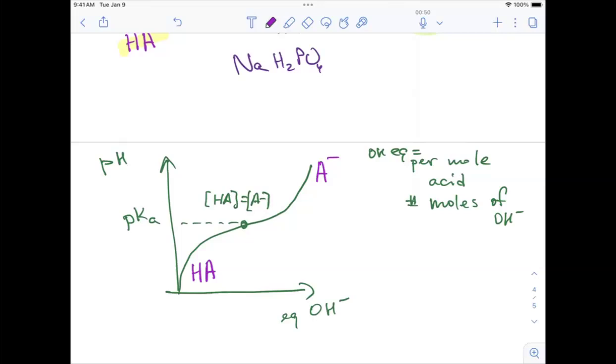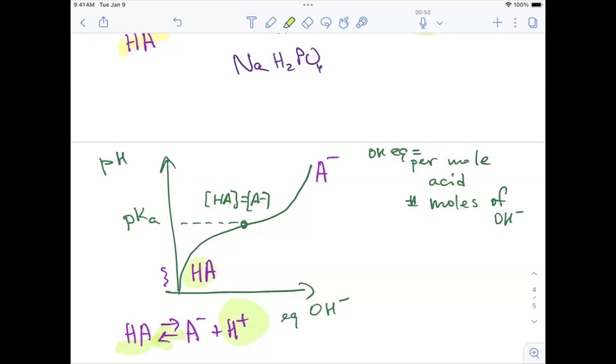And that goes back to the idea that there's an equilibrium, A minus plus H plus. So at low pH, like down here, we have lots of protons around. And when I have lots of protons, it pushes the equilibrium towards more HA. That's why I have more HA here, right?